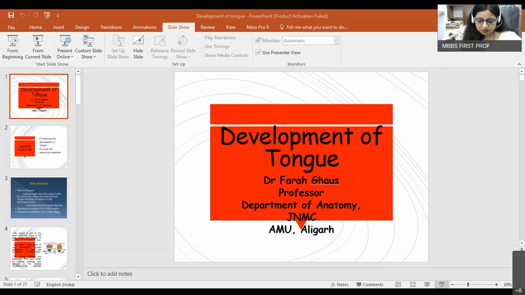Now, this tongue is made up of 2 parts, divided into anterior 2/3 and posterior 1/3. When we talk about the development of tongue in context to the pharyngeal arches, the arches numbered 1, 2, 3, and 4 are responsible for the development of tongue. So here 4 are shown in different colors to demarcate them from each other. The first arch is shown in orange, then second in blue, third in yellow, and fourth in green.